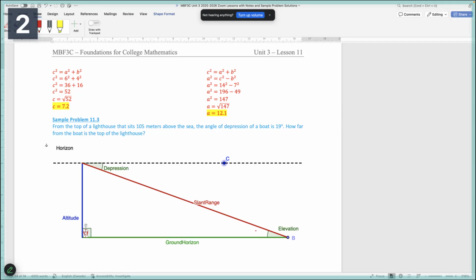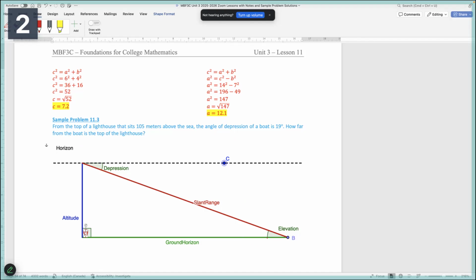That angle here and this angle here are both going to be 19 degrees. And what we have to figure out is how far from the boat is the top of the lighthouse. So for this distance down right here, that's what we need to find out.